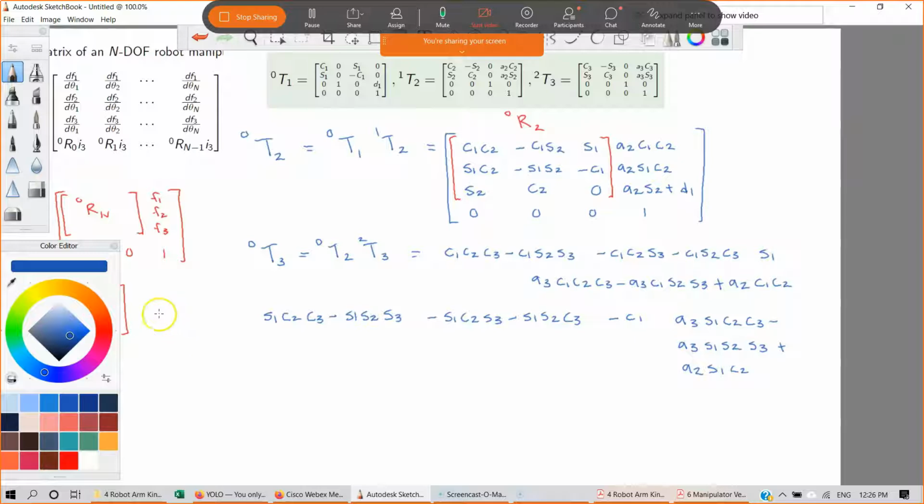So this is the second row. And let's go for row 3. So row 3, this one, multiply every column. Okay, so it looks a bit simpler. So this will be S2 C3 plus C2 S3.